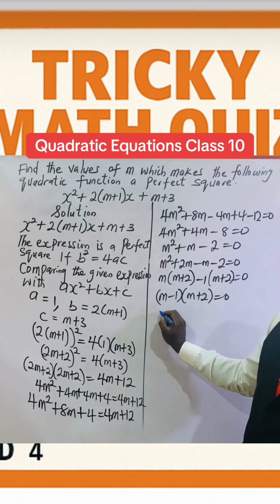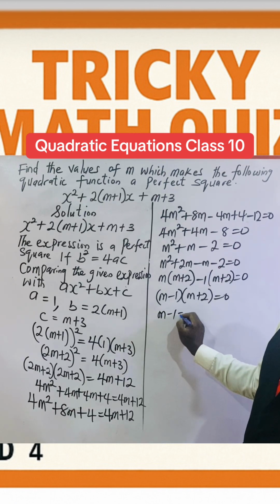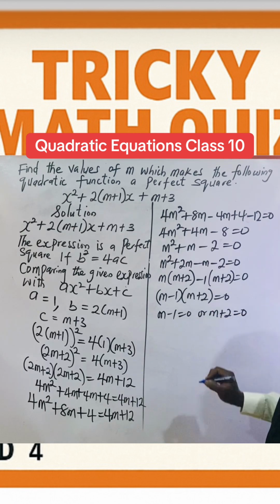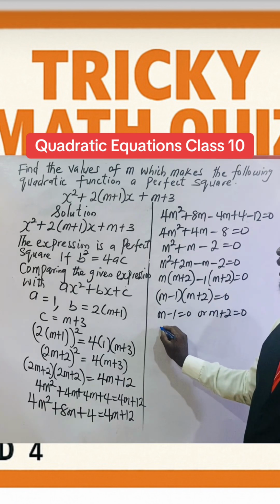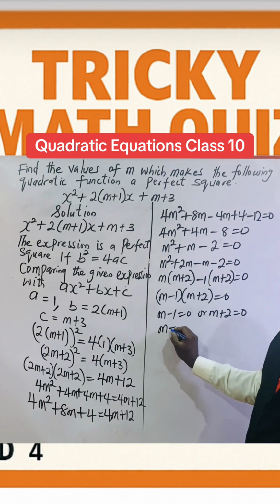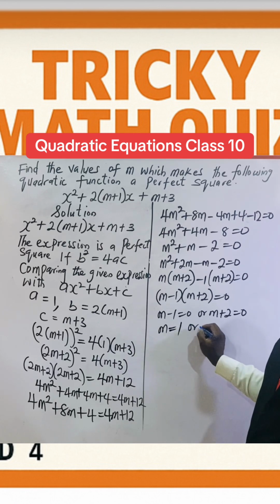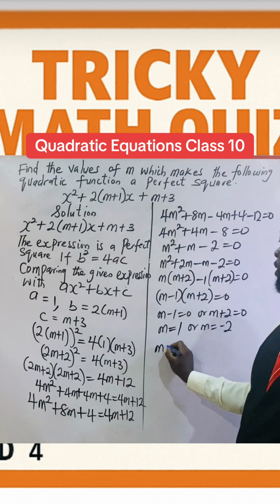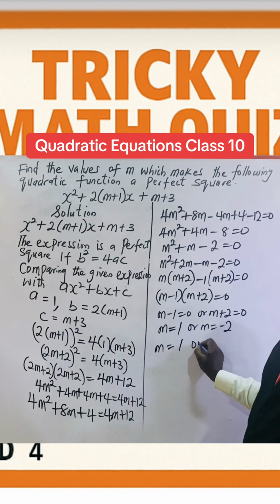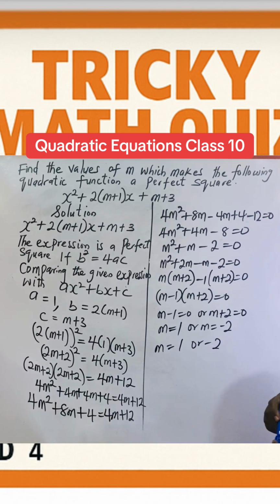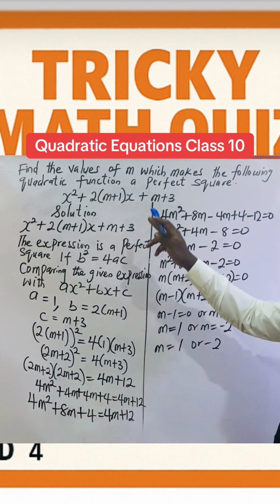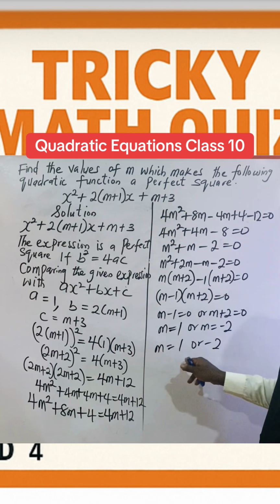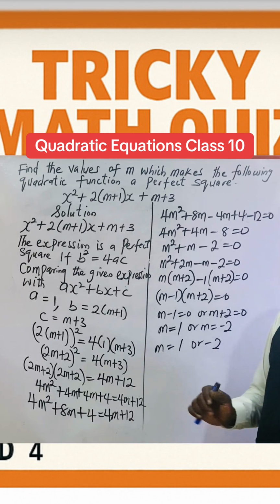This will simply give us m minus 1 equal to 0 or m plus 2 equal to 0. So we have that m is equal to 1 or m equal to minus 2. So the value that will make this expression a perfect square is 1 or minus 2.